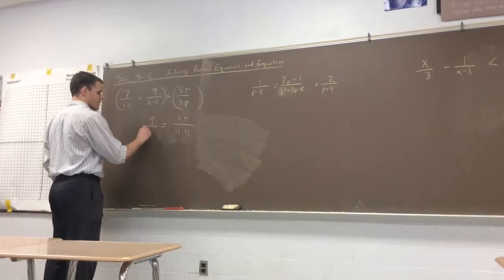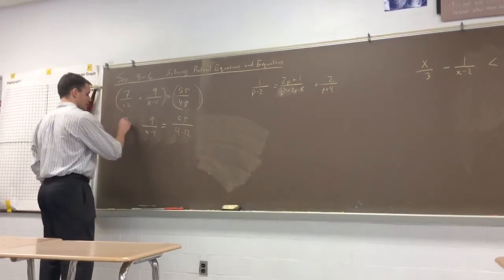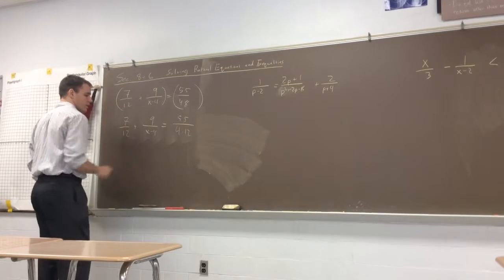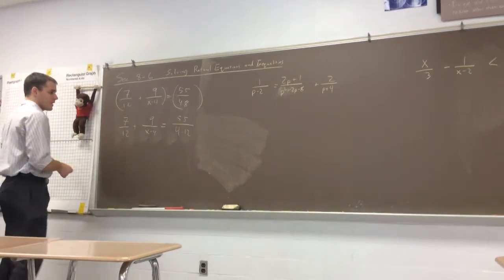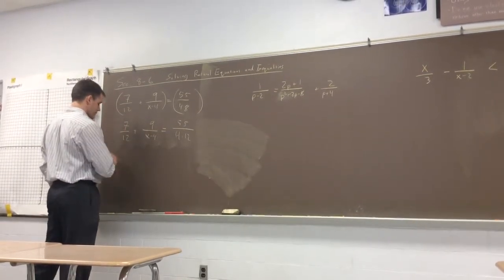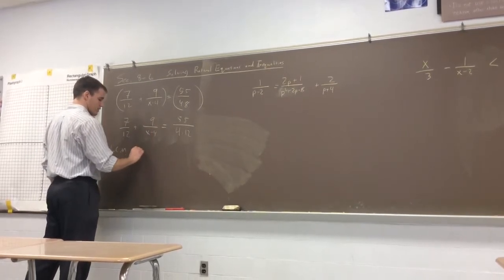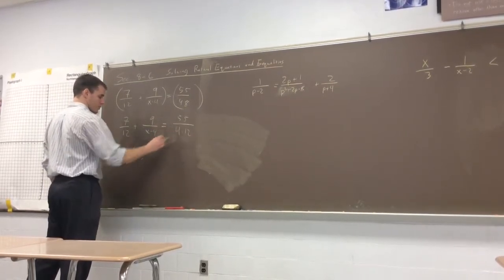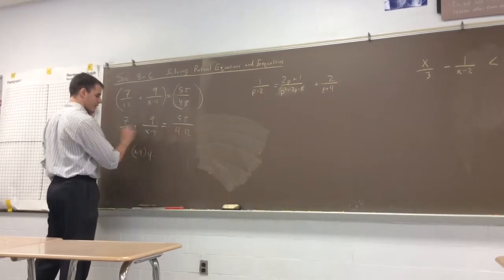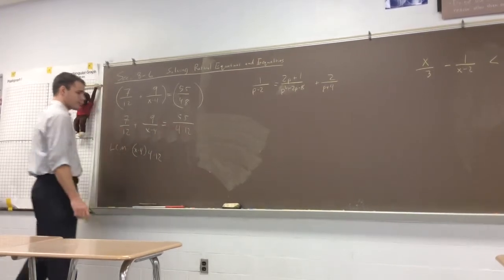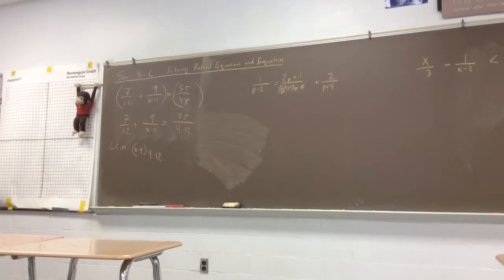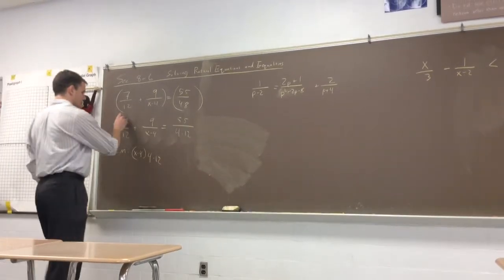We have 9 over x minus 4, and 7 over 12. So the least common multiple is going to be x minus 4, 4, and 12 gets rid of both those. So we're going to multiply everything by all of that.